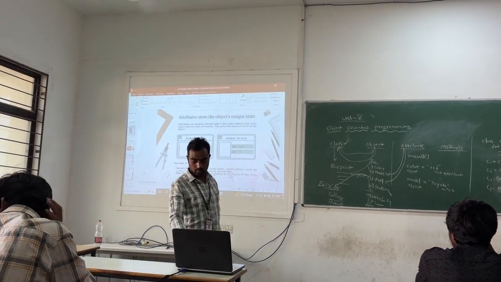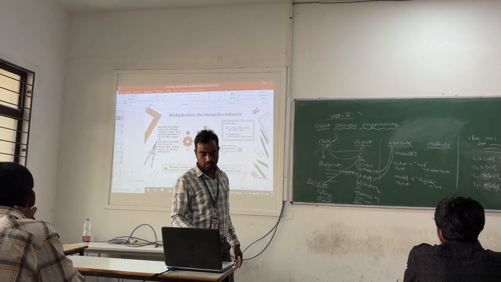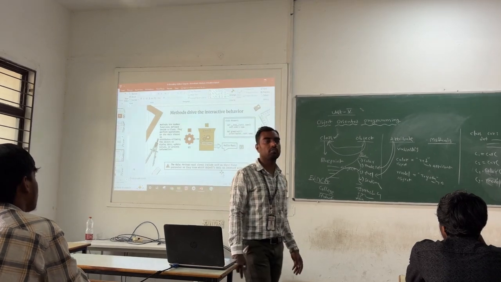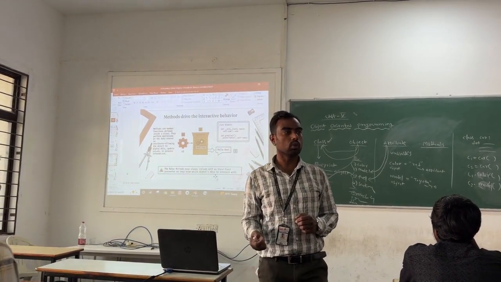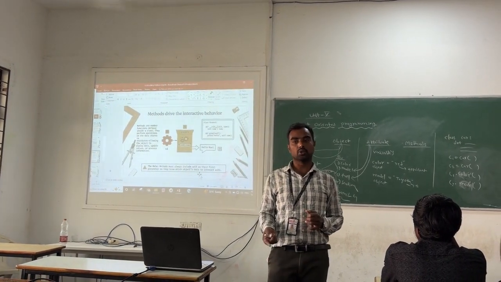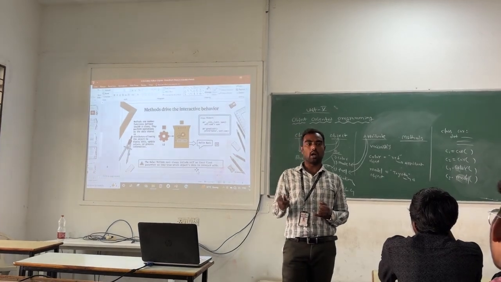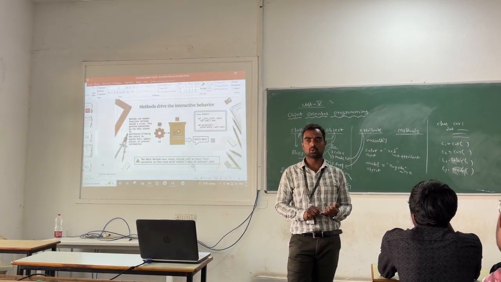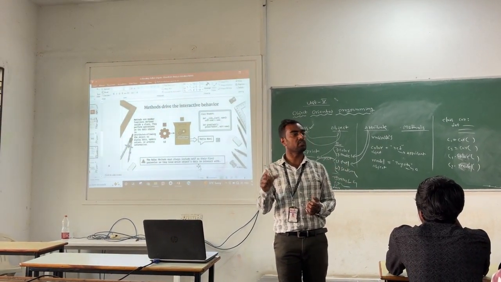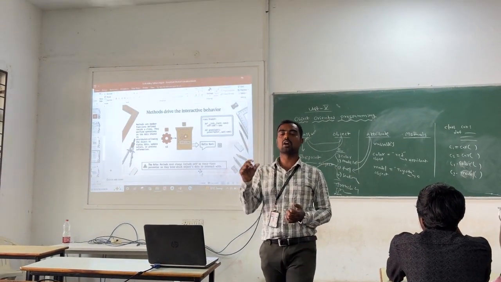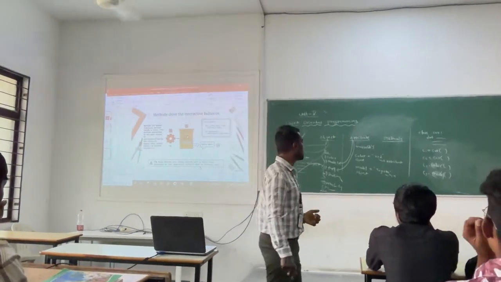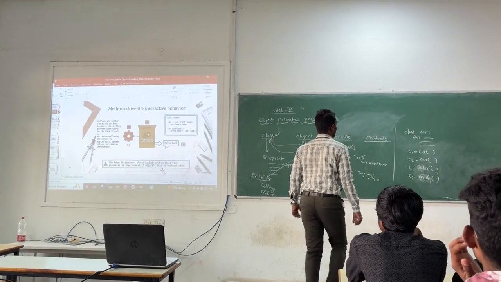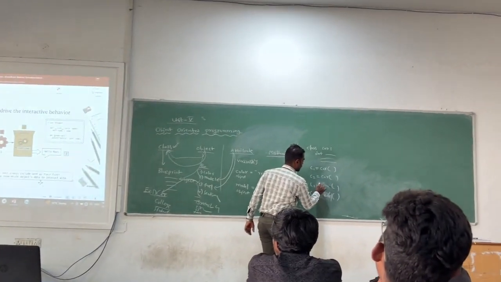Now, methods. Methods are functions which define the original logic: what to perform by using objects and classes. The method is a function that contains the main logic of what to do. Suppose a start operation is there.